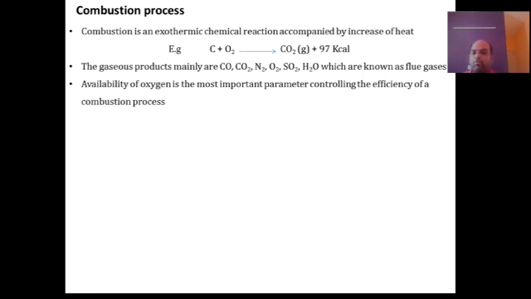Any lesser amount of oxygen availability will make the combustion process incomplete, and that's what happens when you are doing a campfire or burning some green tree parts, incomplete combustion takes place, and that produces a lot of smoke, and smoke is nothing but carbon particles, and so that is an indication of incomplete combustion.